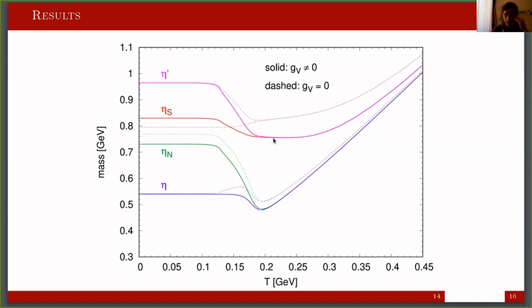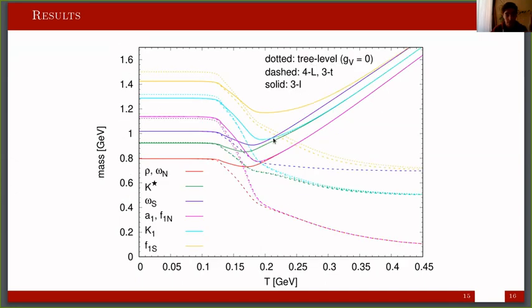And finally, I want to show the axial vector and vector masses. It can be seen, as it was already shown in Peter's figure, that the 4 longitudinal and 3 transversal mode does not show any thermal behavior like the scalars and pseudoscalars, but they work the same as the 3-level masses, which was actually used in the latest version of the model.